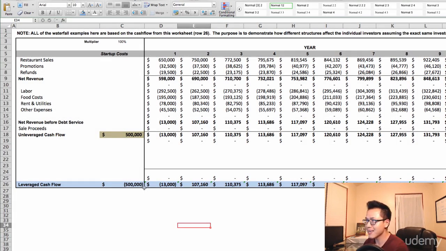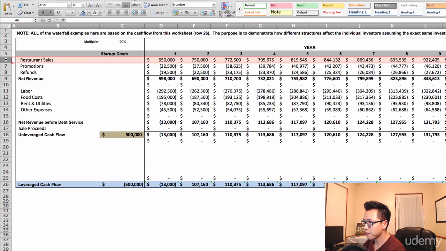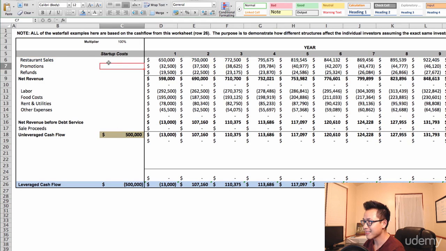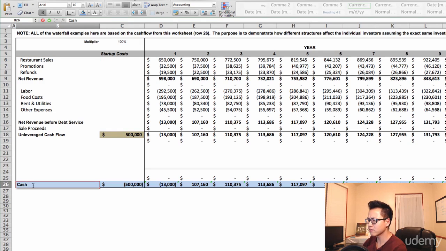Alright, now what you're looking at on the screen here is the sample project worksheet that is provided in the waterfall model that you have. All I did was make some adjustments here. I'm going to assume that this is for a startup restaurant that has a certain startup cost, $500,000, and this is just going to be cash flow.